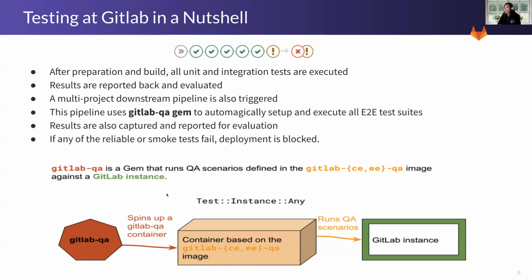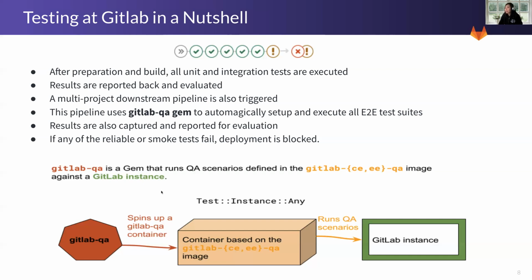And I also have a little demonstration of how GitLab QA works here. GitLab QA is a gem, and when triggered, it will spin up a Docker container called the GitLab QA container.